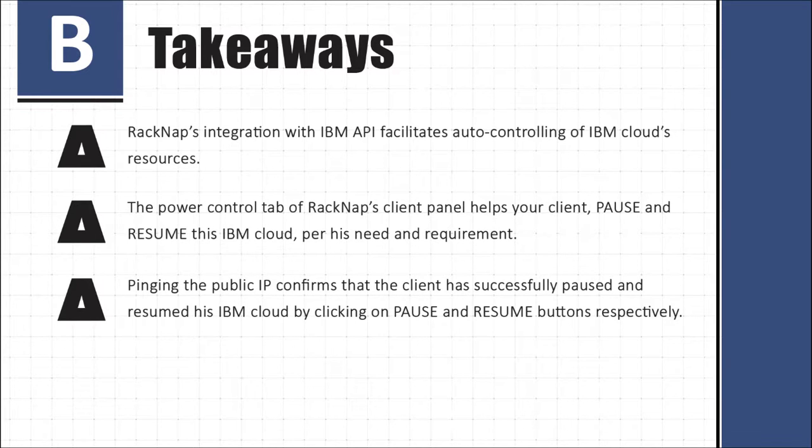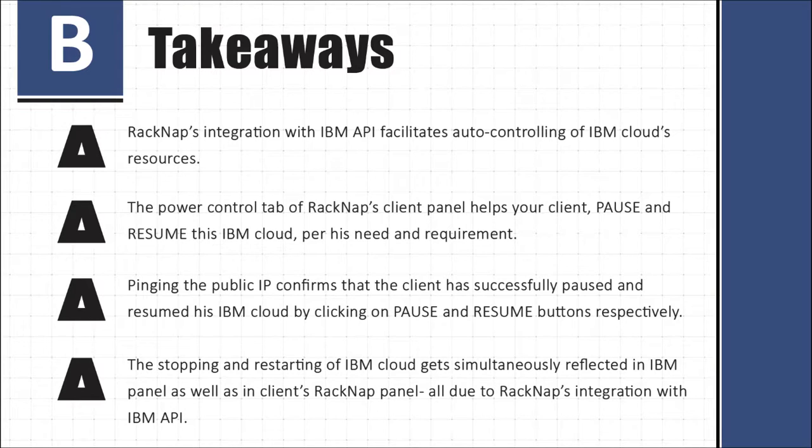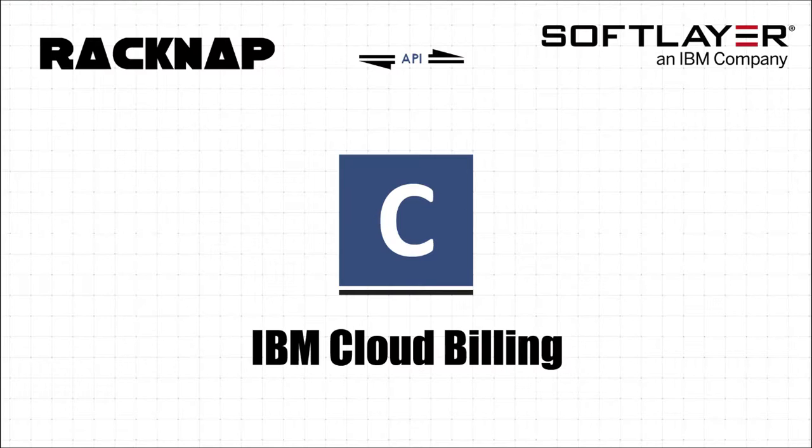Pinging the public IP confirms that the client has successfully paused and resumed his IBM Cloud by clicking on pause and resume buttons respectively. 4. The stopping and restarting of IBM Cloud gets simultaneously reflected in IBM panel as well as in client's RackNap panel, all due to RackNap's integration with IBM API.